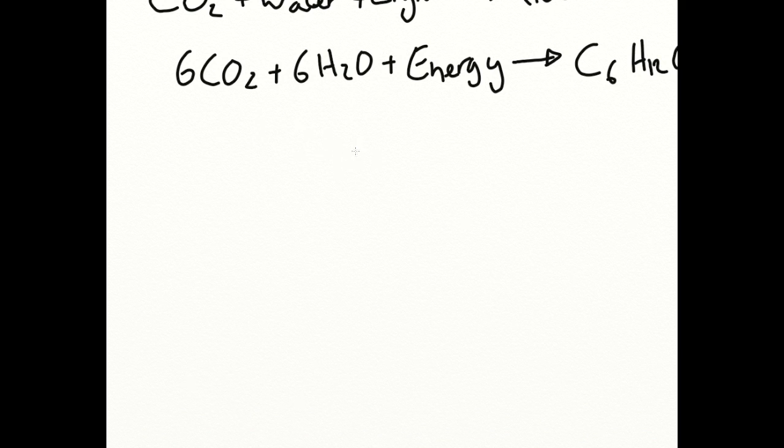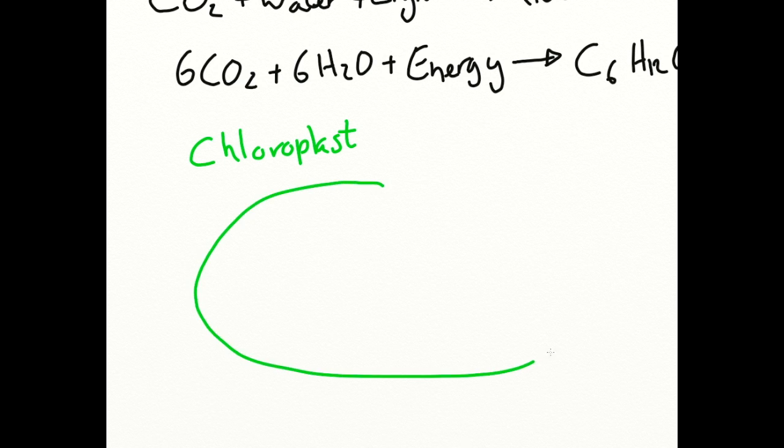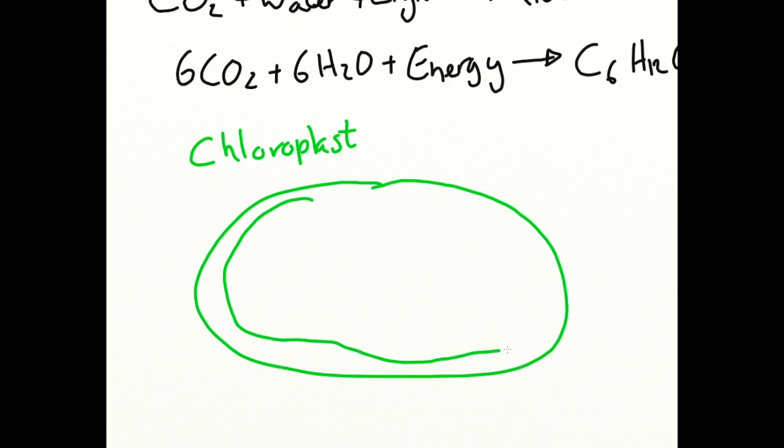Well, it takes place in a plant cell, in an organelle called a chloroplast. This is a photosynthetic organelle which gives plants their greenness. It's a double membrane bound organelle like mitochondria.